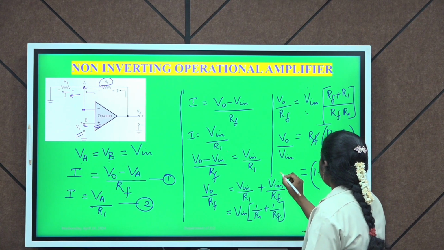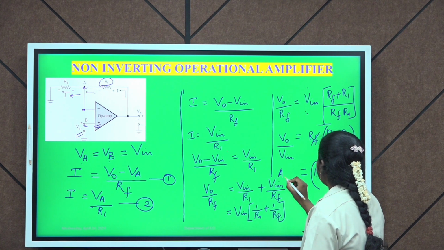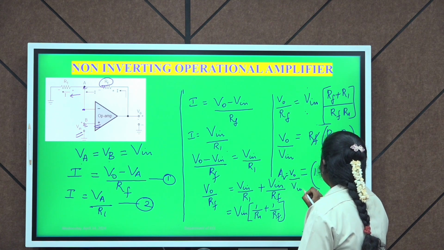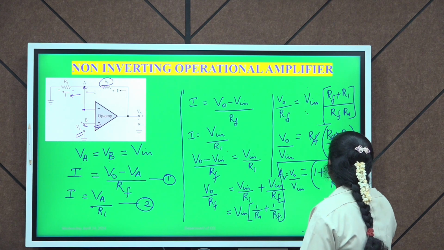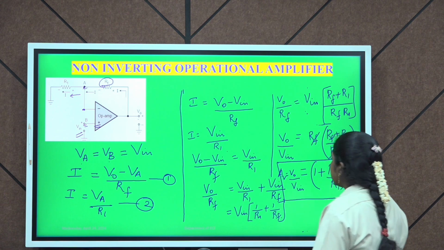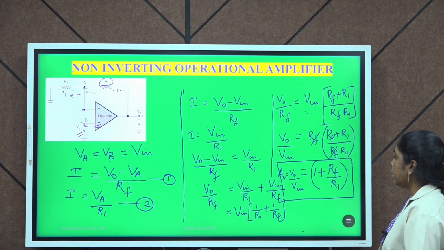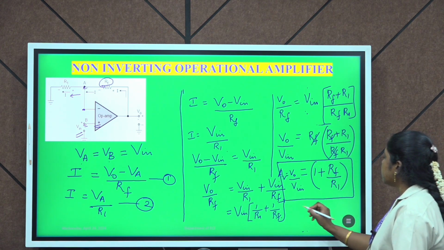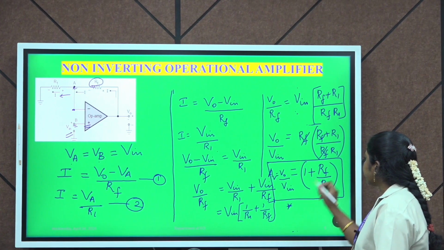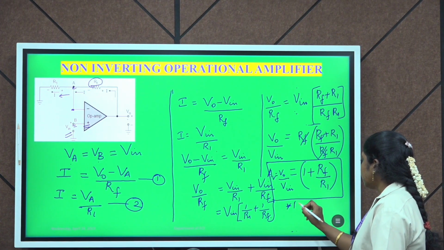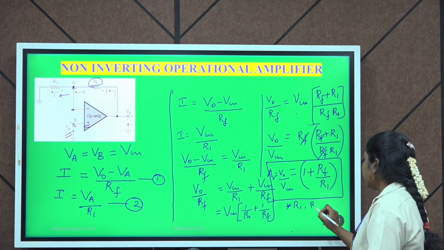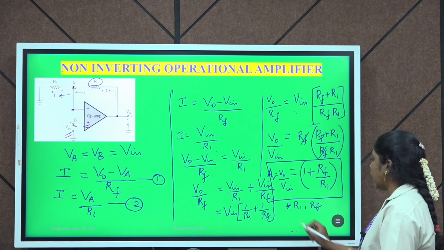So the gain AV is equal to V naught divided by V in, which is equal to 1 plus RF by R1. This is the gain of the non-inverting operational amplifier. The inference from this is that the gain depends upon the input resistance R1 as well as the feedback resistance RF.